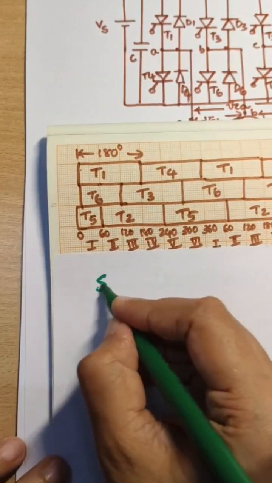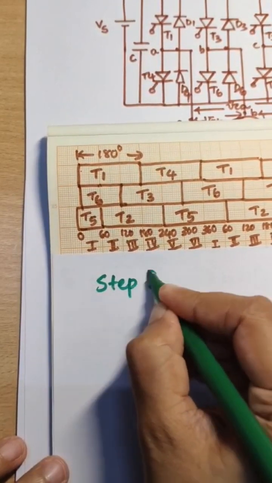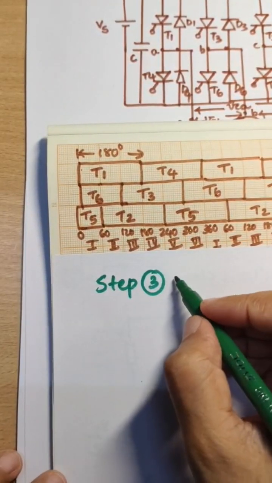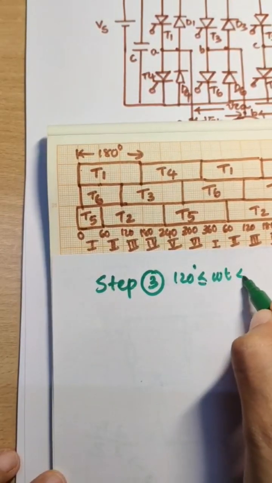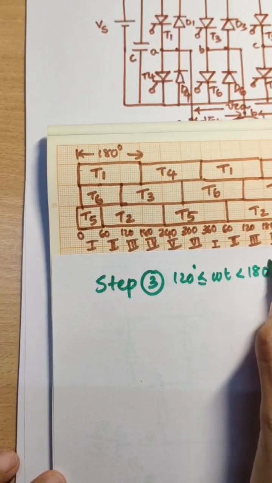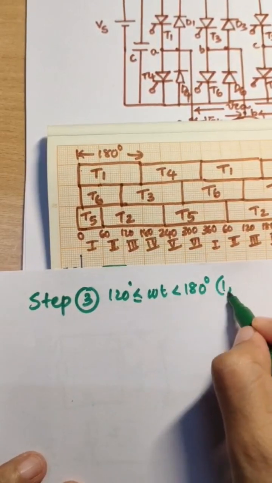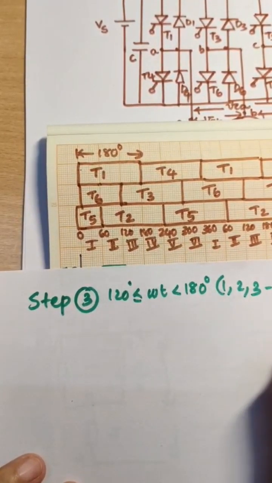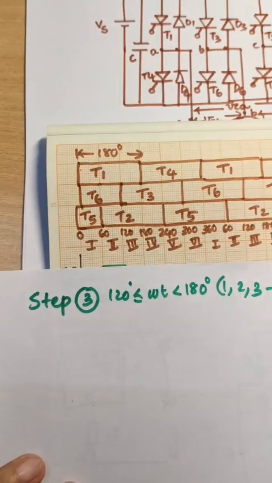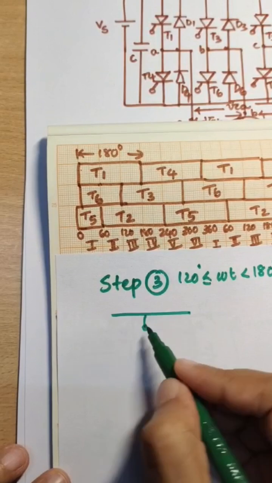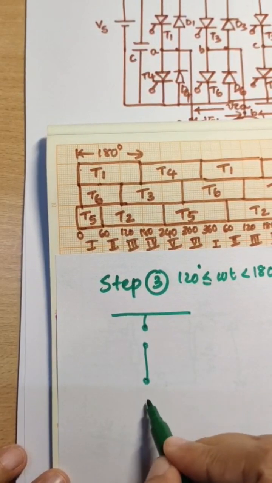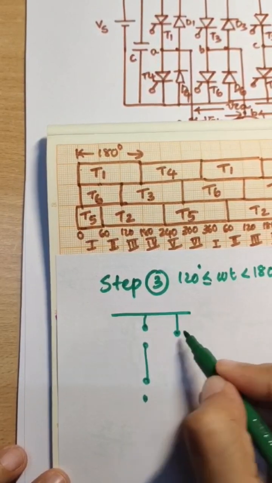Step 3 is from 120 to 180 degree, with 1, 2, 3 closed. Draw the circuit, leaving space for switches.